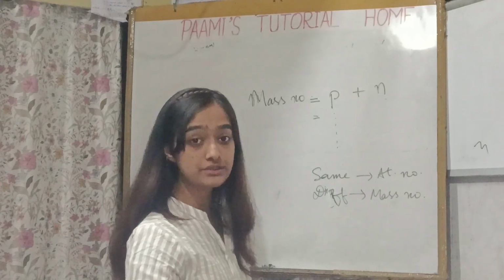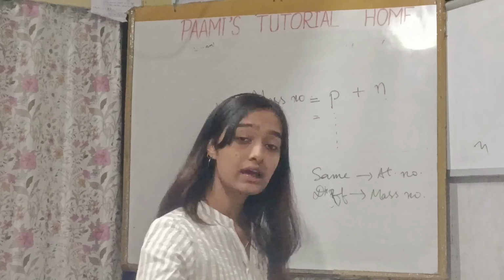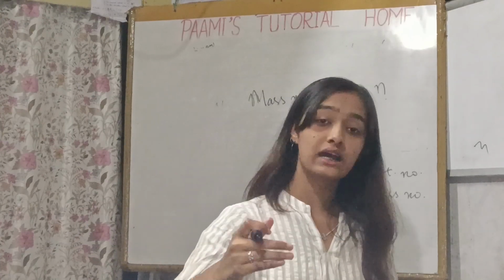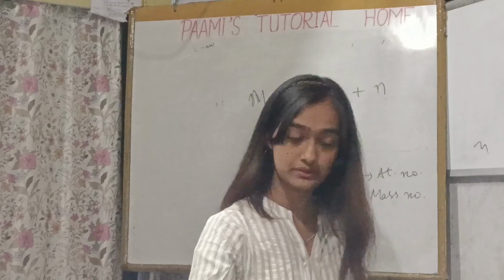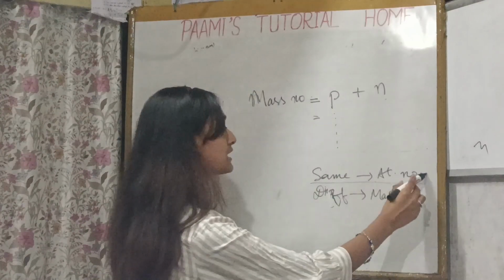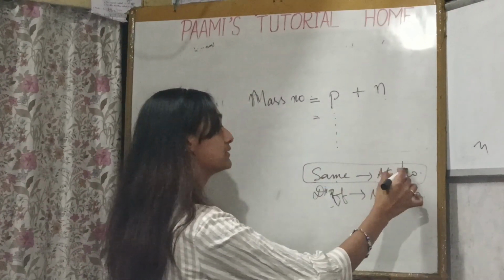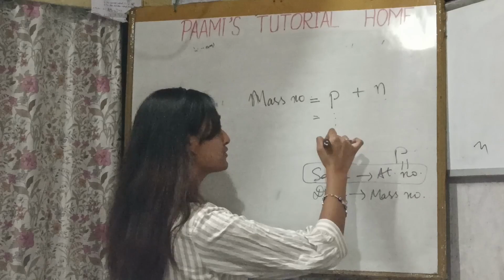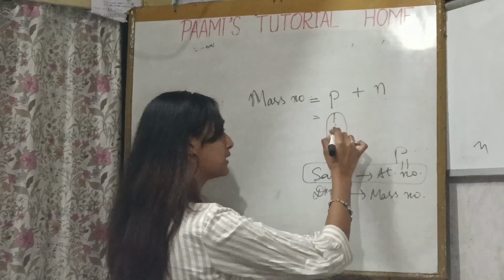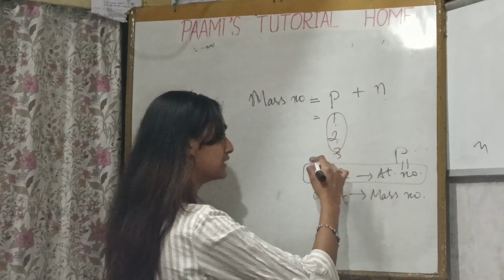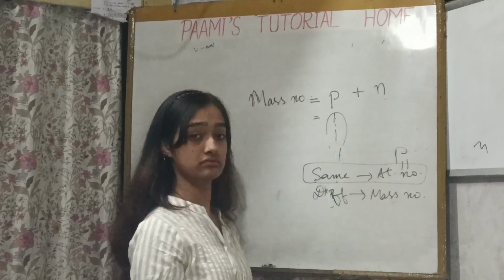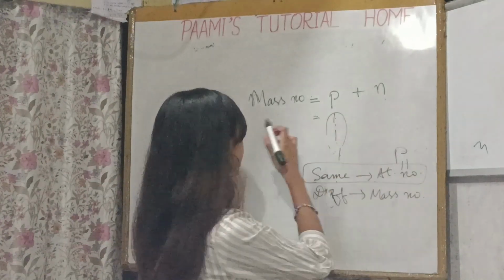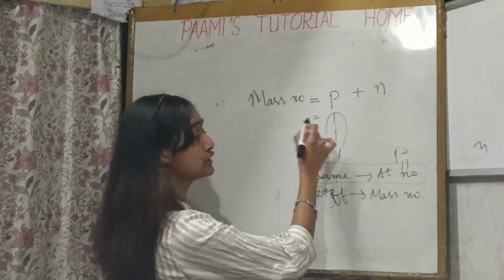Why? Because proton number is equal to atomic number, and atomic number is the same in an isotope. So this won't change. Suppose it will be 1, 1, 1 only. But when we want the mass number, it has to be different.